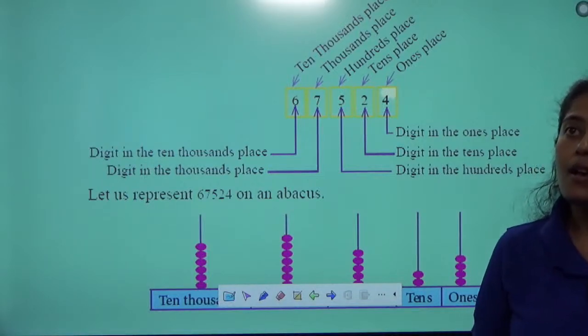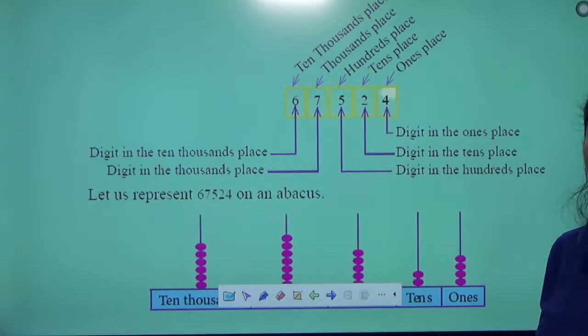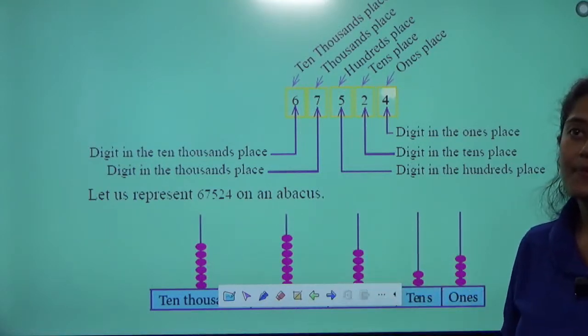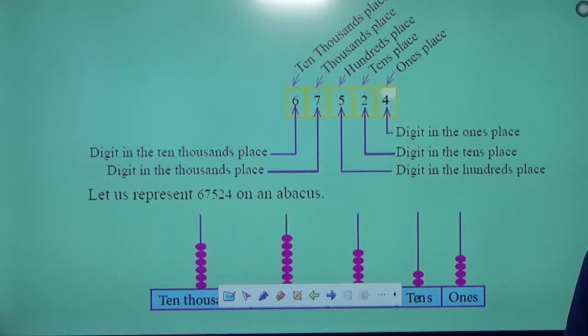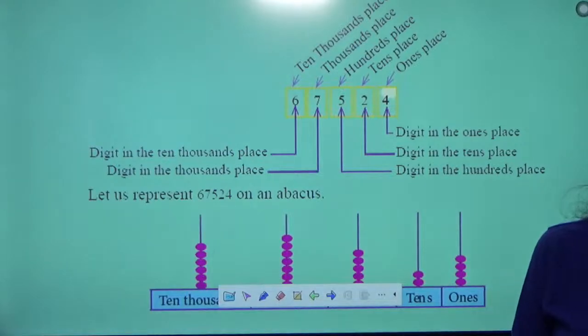How many maximum number of rods can you include in each place? No, maximum number, not according to this number. I am asking if you have another number.